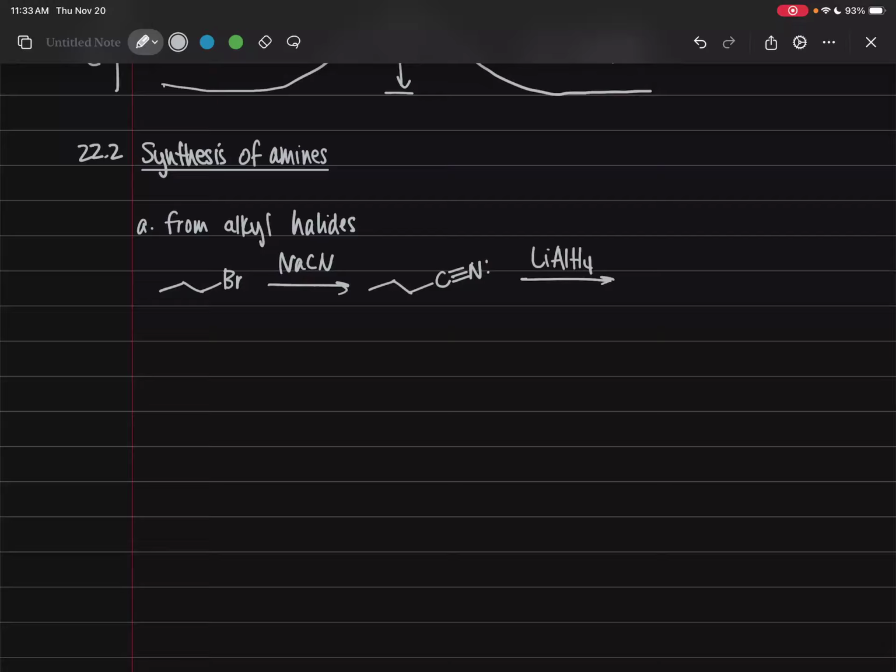Then we use lithium aluminum hydride, and that's a reducing agent. And so that reduces our nitrile to, in this case, a primary amine.